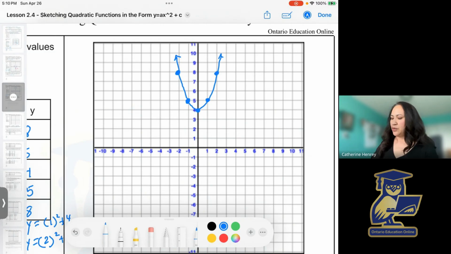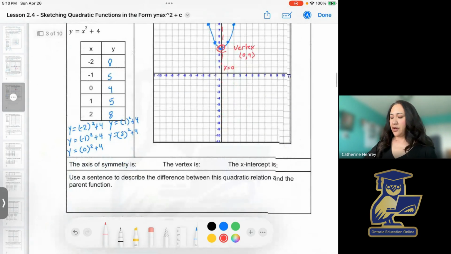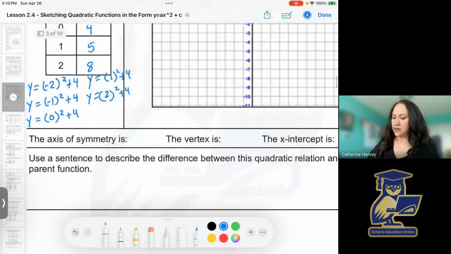And we can label a couple of things. Again, the axis of symmetry goes right through the vertex, and here it is x equals 0. The vertex here is 0, 4. And let's go back and fill in some of our information. Axis of symmetry, x equals 0. The vertex is 0, 4.